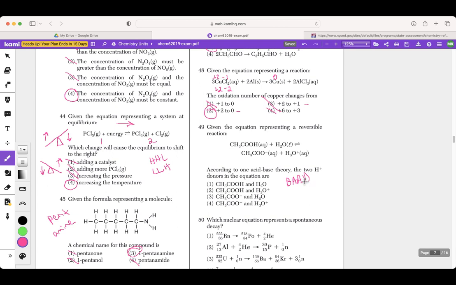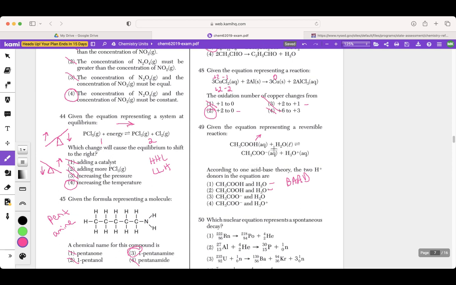So we want to look for the ones that donate in this reaction. So if we look, CH3COOH turns into CH3COO. We lost that hydrogen. So we know that we donated that hydrogen. So it has to be one with that acid.